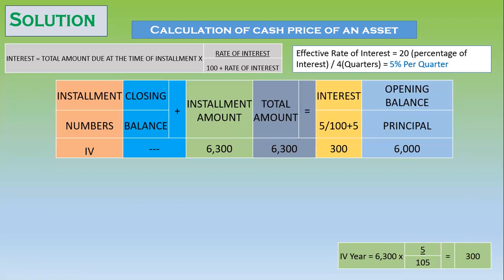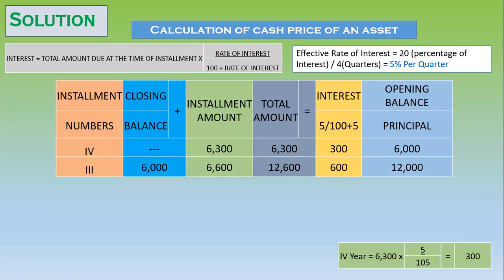So 5 divided by 100 plus 5. Now we can calculate the interest: 6,300 into 5 divided by 105, you get 300 rupees as interest. For the principal value, 6,300 minus 300 gives 6,000 as the opening balance, and this 6,000 will be the closing balance of the third quarter.